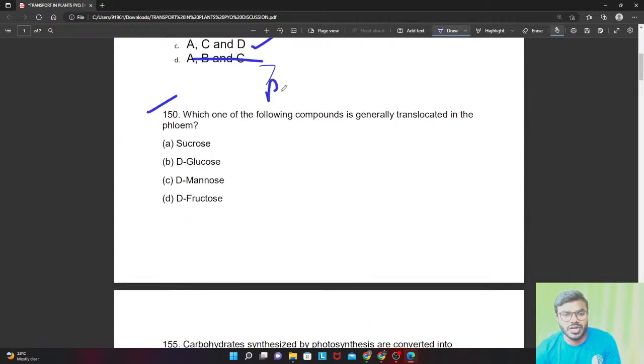This is the part B question asked. You understand how many times the same question is asked in a repeated way.